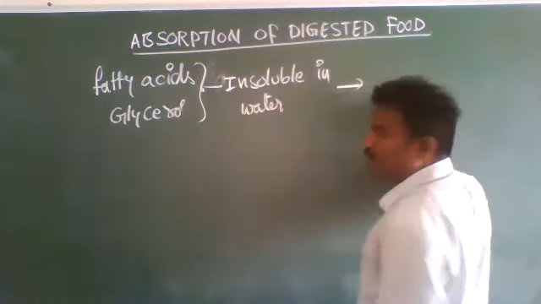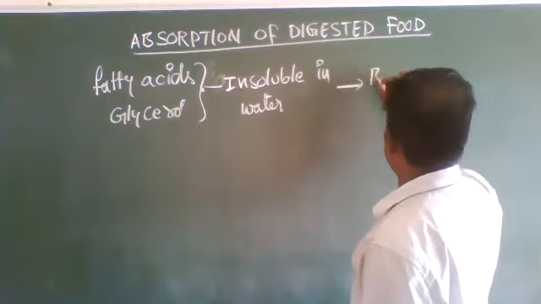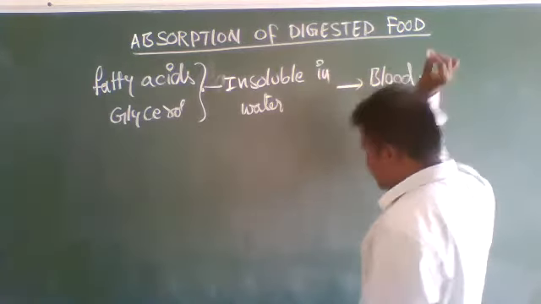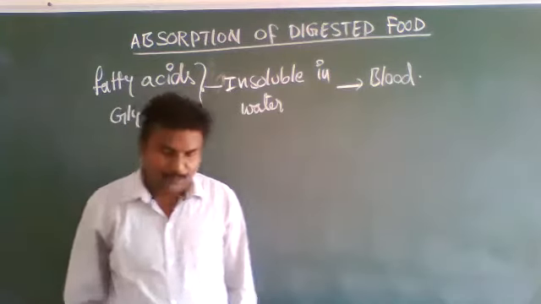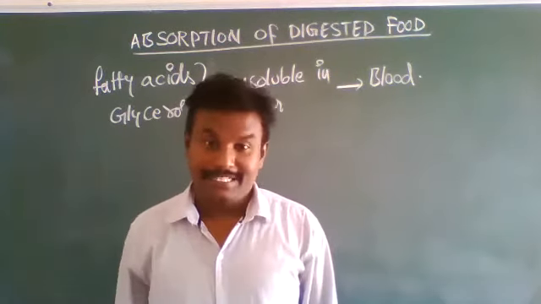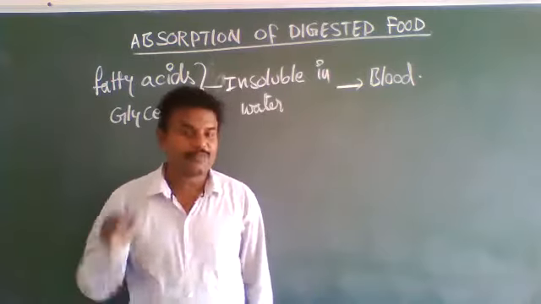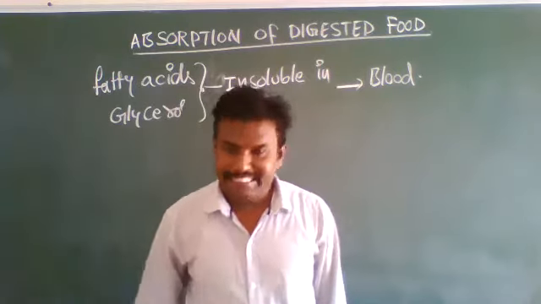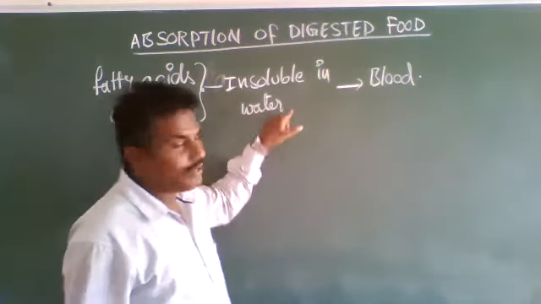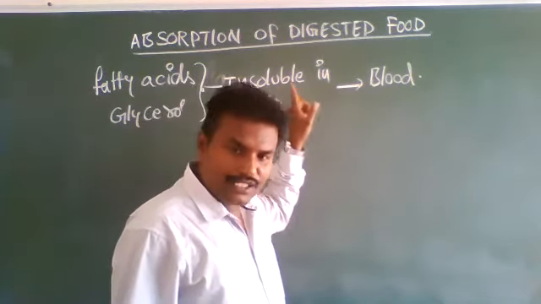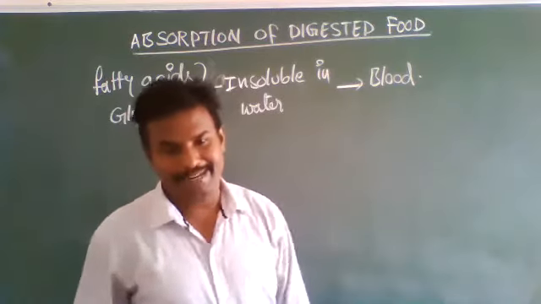In the digestion of food fats in the small intestine, the products are fatty acids and glycerol, as we have already seen. These are insoluble in water and are not directly absorbed into the blood.